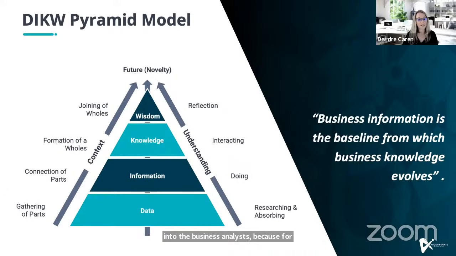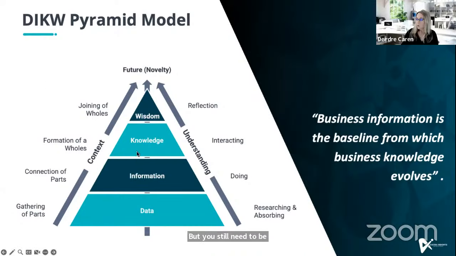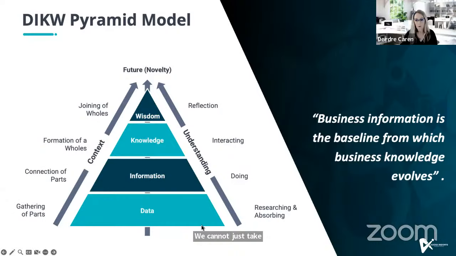Because for many years, we've basically been doing documentation over and over again, but we can certainly change this and make our jobs easier, faster. But you still need to be intelligent, right? So we still need to provide knowledge to the organization. We cannot just take random bits of information and pop them into projects. But if we ask our AI or robot, as I sometimes call it, if we ask for information, then we need to create some kind of information architecture for it to work with.